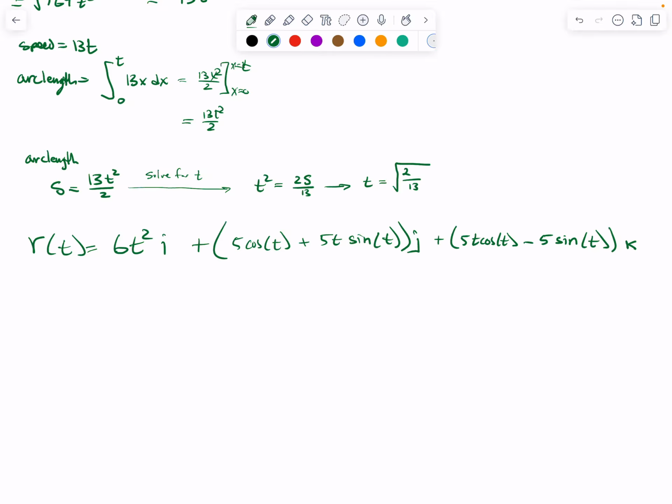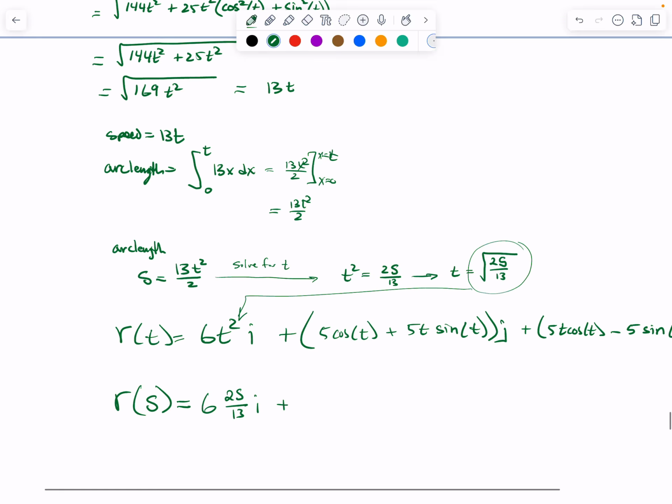Now we'll plug this into the expression, so r of s is what you get when you plug this in for t. So 6 times 2s over 13 times i.